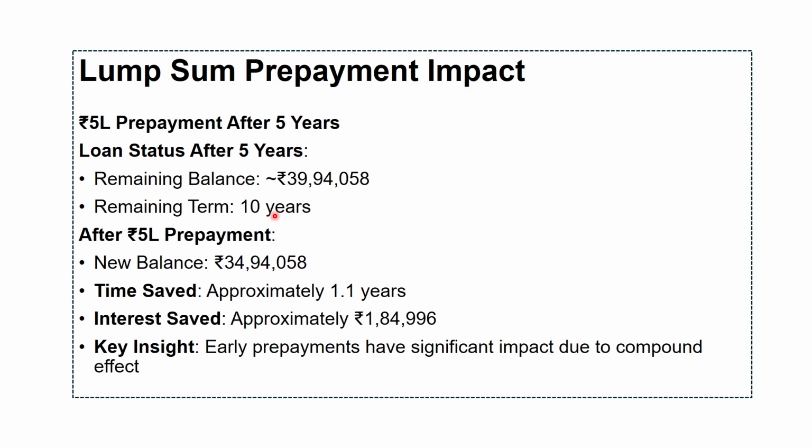A 5 lakh prepayment reducing to this, shortening the term by 1.1 years and saving 1,84,996 in interest.